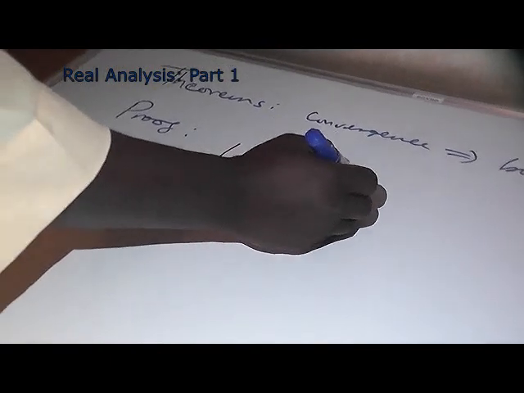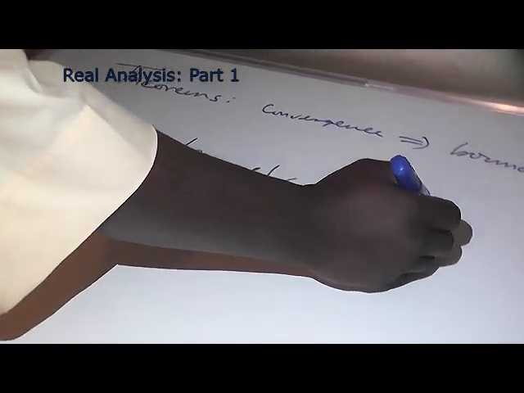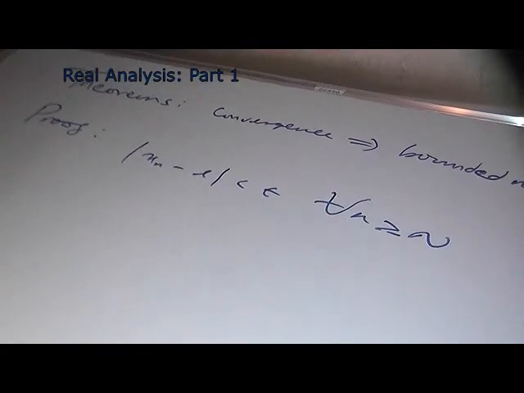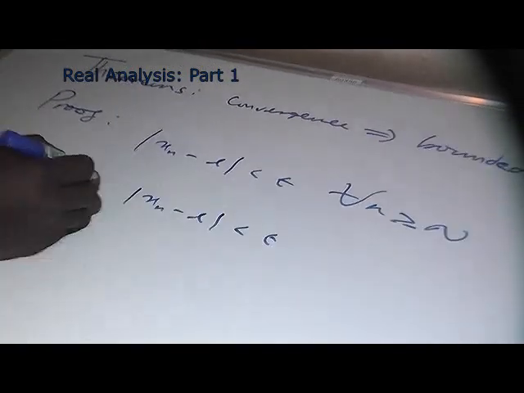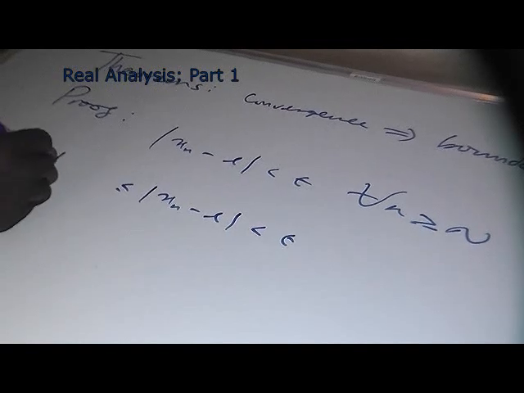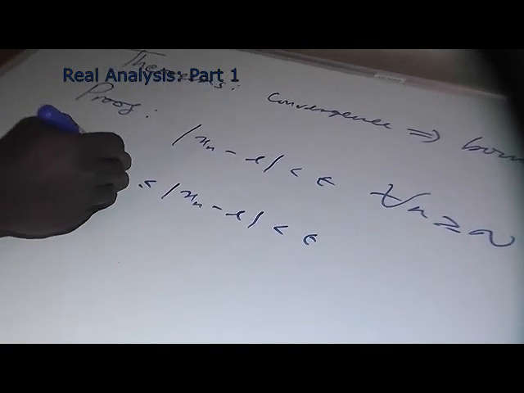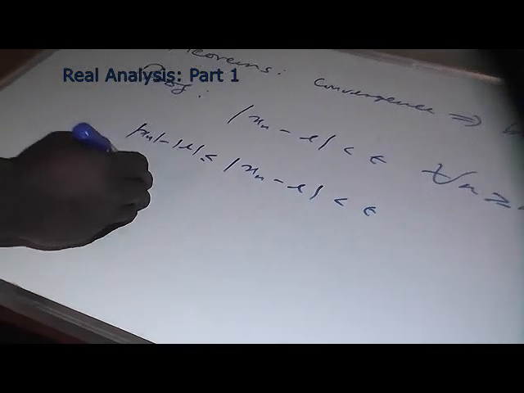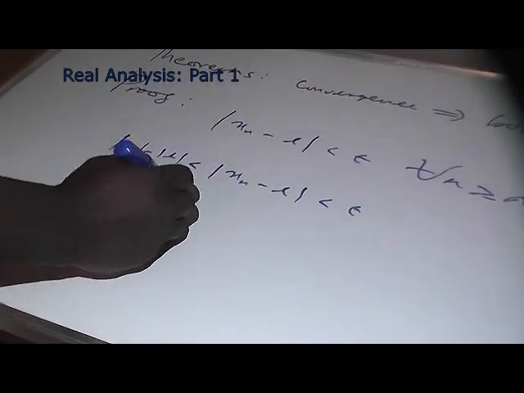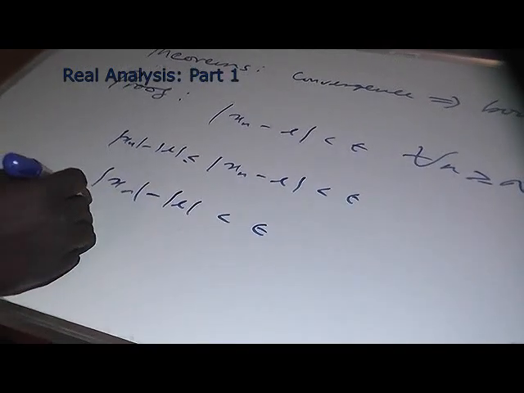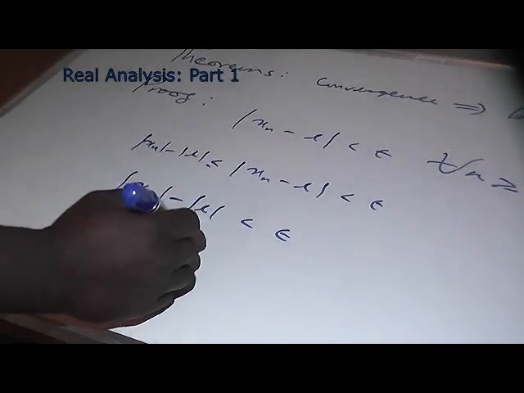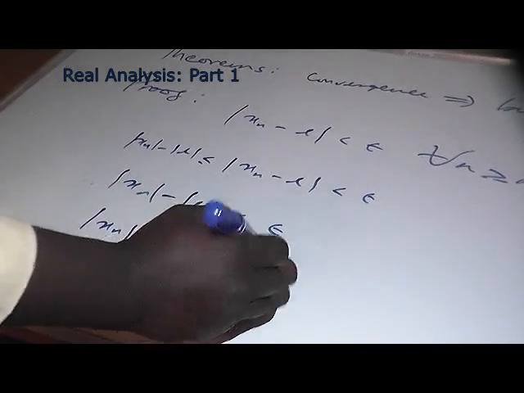A sequence is said to be convergent if this happens. By a property of absolute value called triangular inequality, this is xn minus l, meaning that xn minus l is less than epsilon, which means xn is less than l plus epsilon.